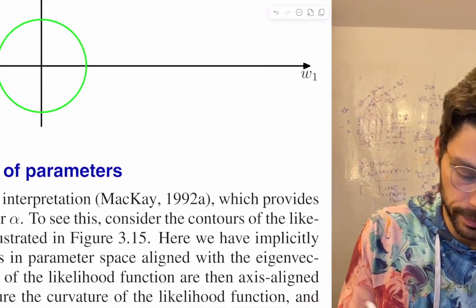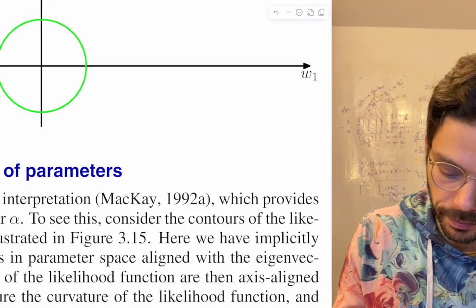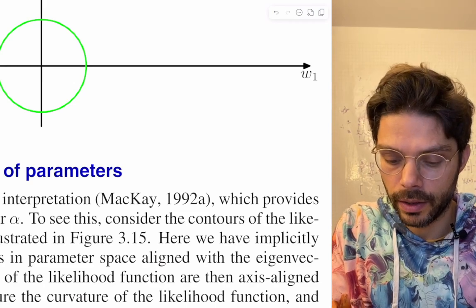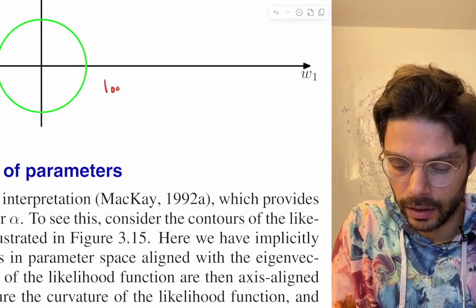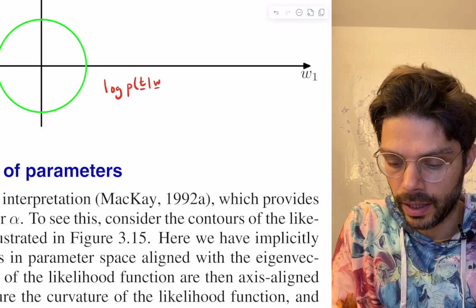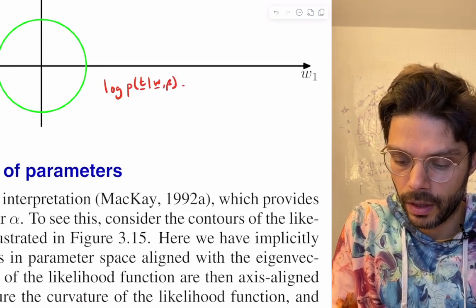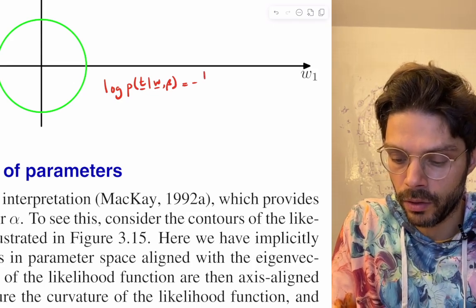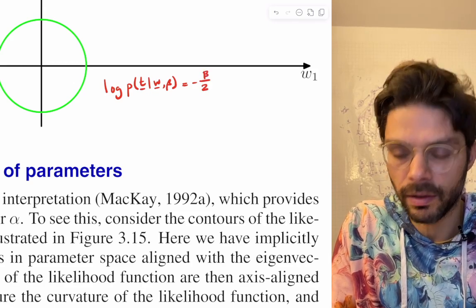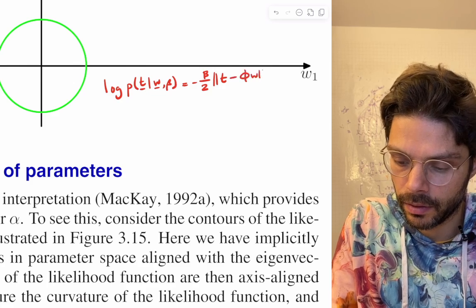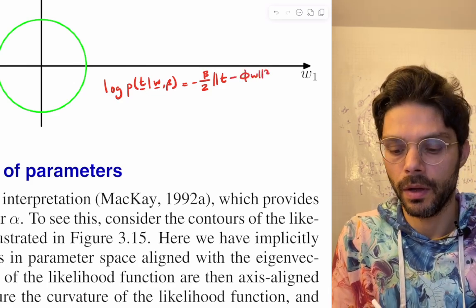Remember that this is the likelihood of the weights. So we've got the log of p of t given our weights, and I think there's a beta term. Including just the terms in W, it's going to be minus 1/2, with the beta, the precision, on top, times the squared error.